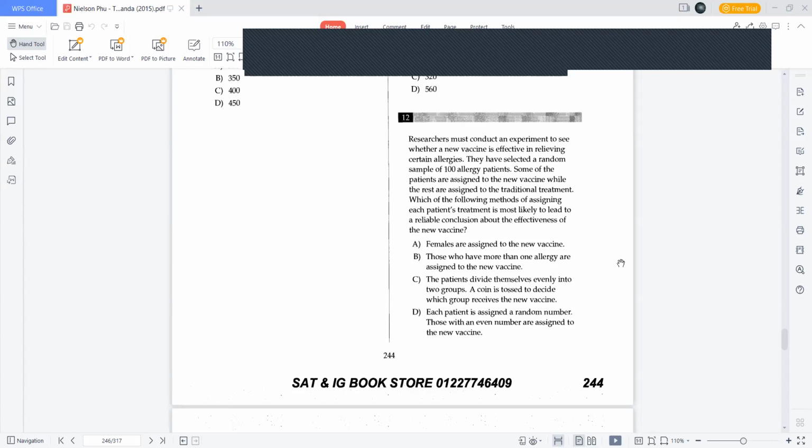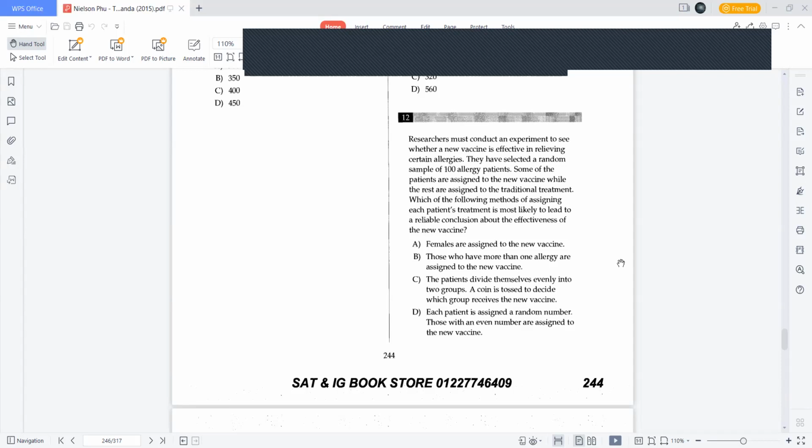Because you'd have an even amount of patients in each group, because it's 100 patients. Okay, D. Yes, I would go with D as well.